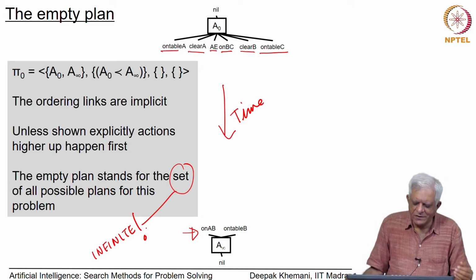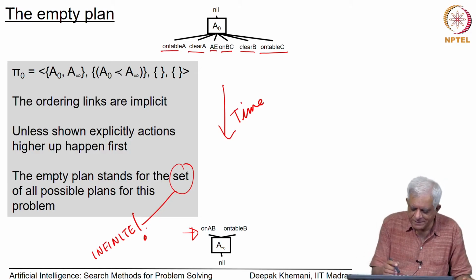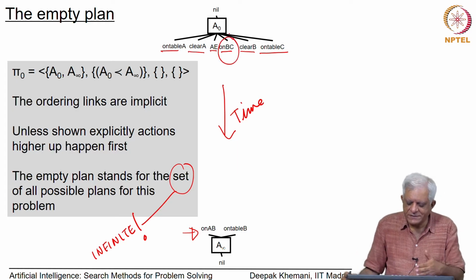So, for example, as you can see, you have B on C in this start state.